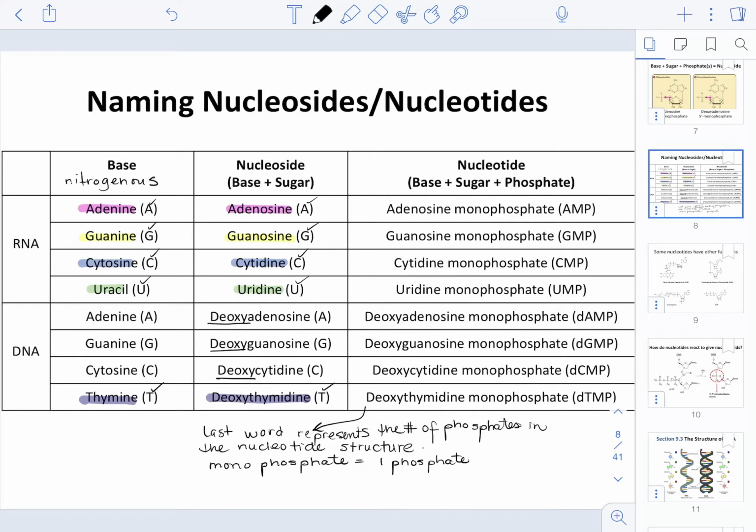So we can have a diphosphate or a triphosphate. Diphosphate means that we have 2 phosphates present in the molecule. Tri means 3 phosphates.